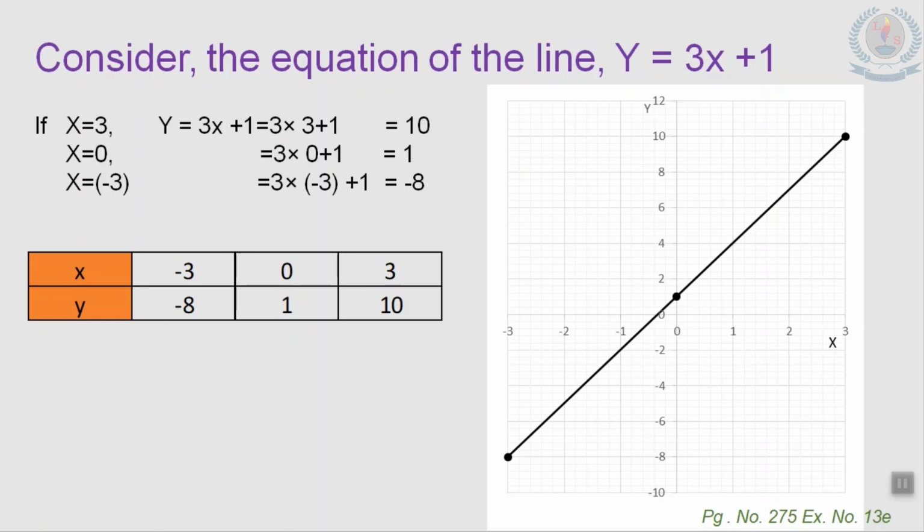Next, x equals 0: 3 times 0 is 0, plus 1 is 1. When x equals 3, 3 times 3 is 9, and adding 1 gives 10. After that, we have to mark the coordinates and join them.